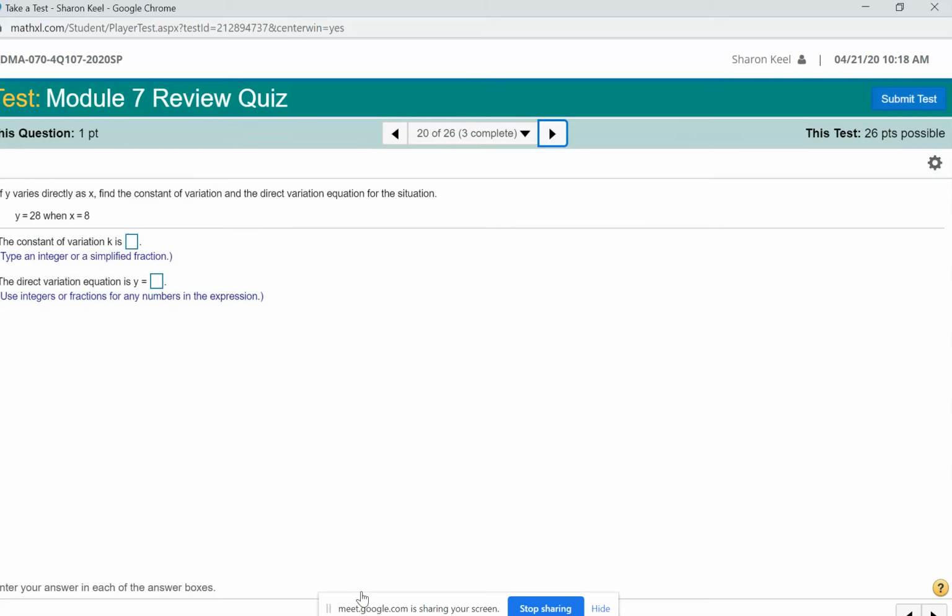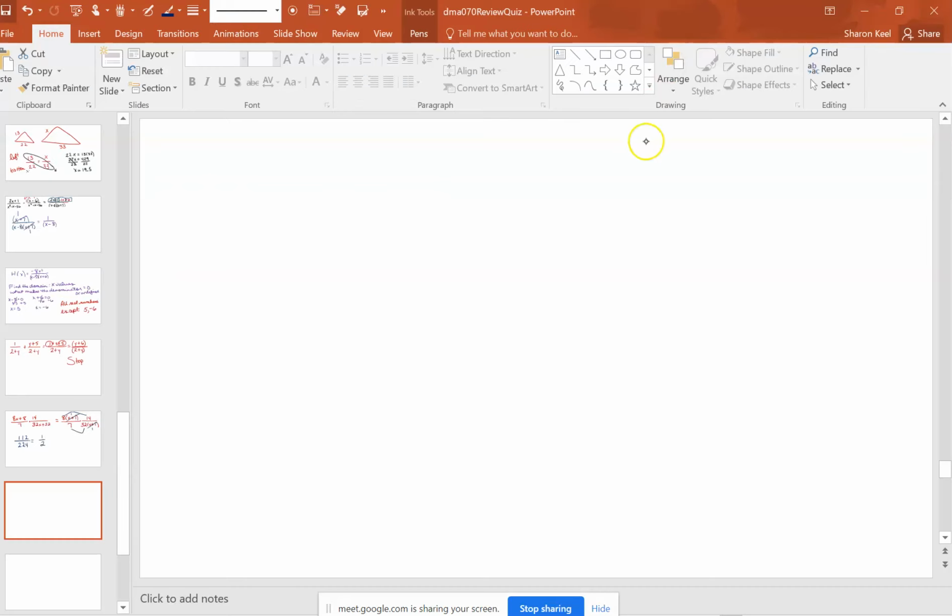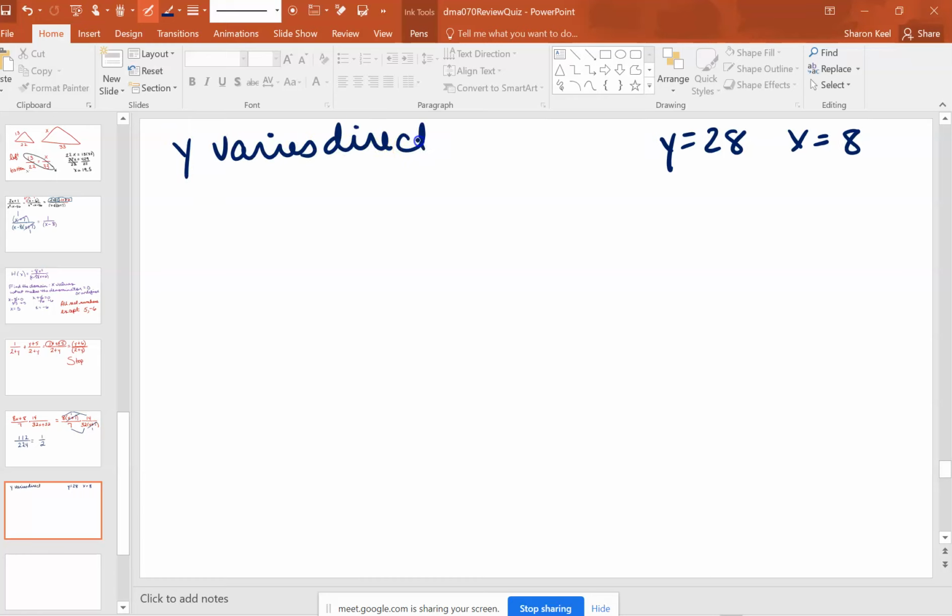If y varies directly as x, find the constant of variation and the direct variation equation for the solution. Y is 28, x is 8. Okay, y is 28, x is 8, and they tell us y varies directly as x.